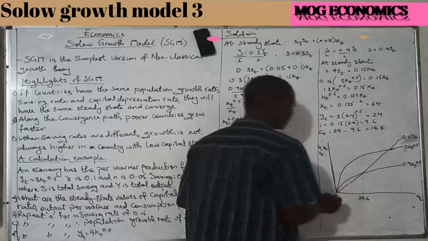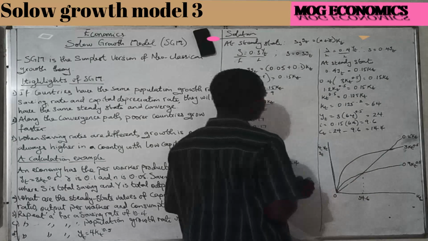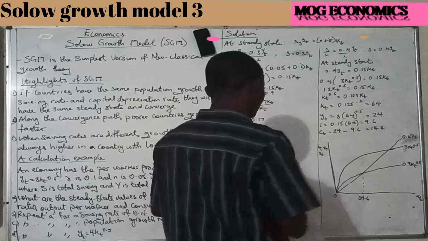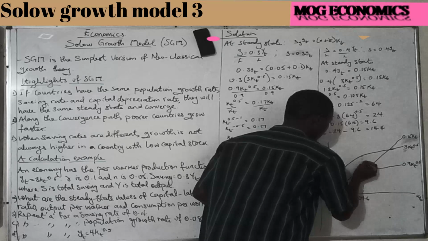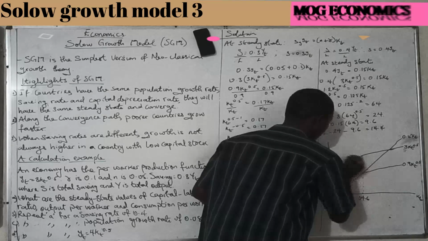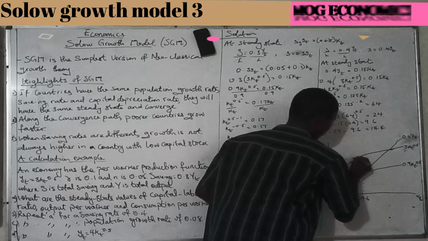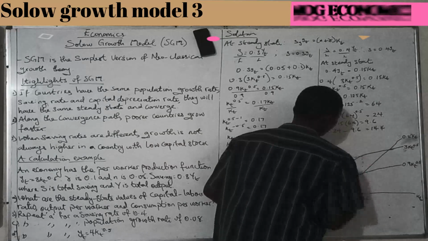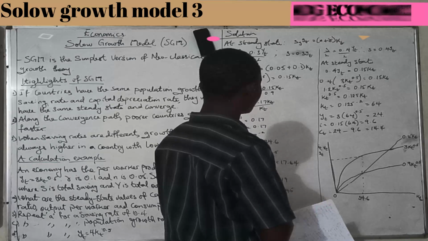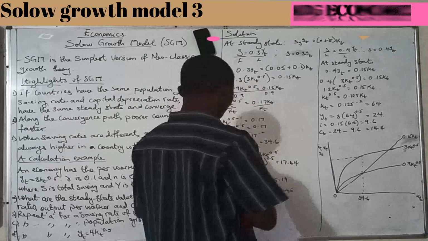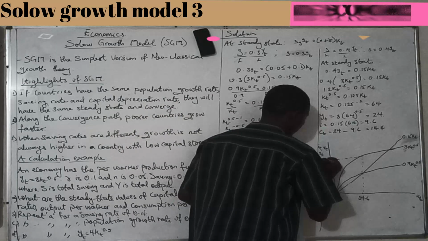So we trace where this is happening. The output at that point, what was the initial output? 17.64. So here it was 17.64.